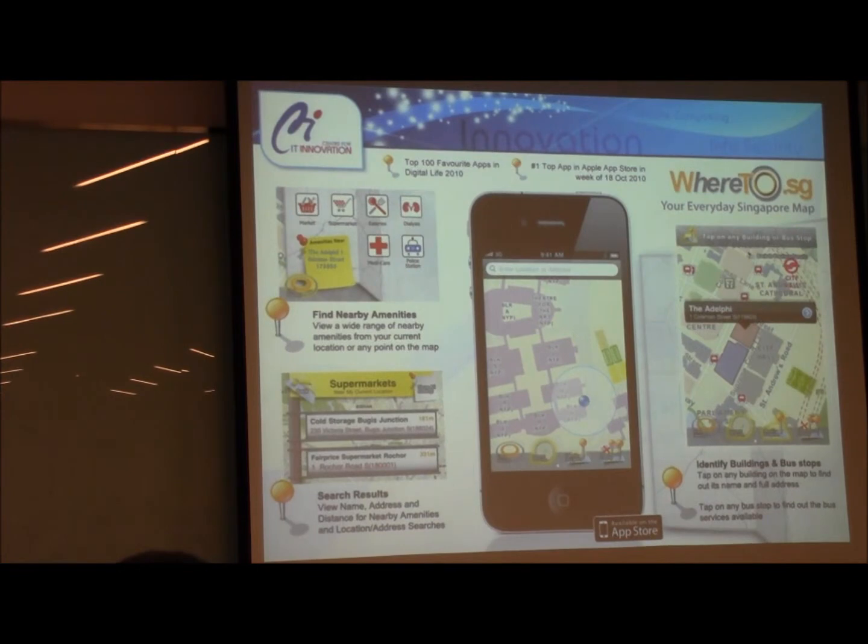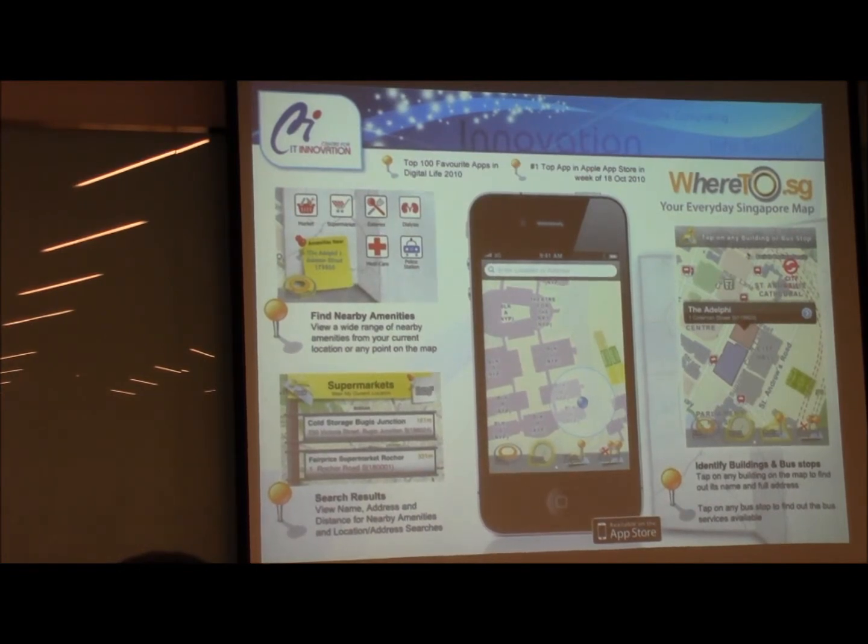So this is probably one of the other apps that I wanted to share with you. This is what we did for Where2.sg. I'm not sure whether you have used this app. It's with ESRI Singapore, which is the world leader in GIS solutions. They commissioned us to develop the mobile version of Where2.sg. Essentially, they are able to make use of ArcGIS and address the layers directly, but not through a provided API.